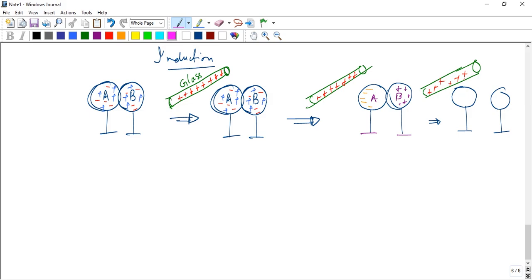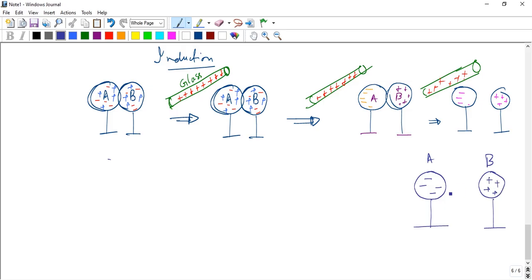There is a minus addition on one side and plus on the other. When the glass rod is removed, the minus charges are distributed on one ball and the plus charges on the other. The A sphere gets a negative charge and the B sphere gets a positive charge.